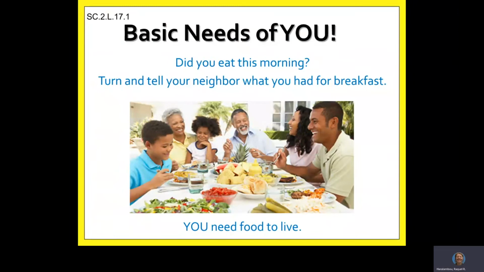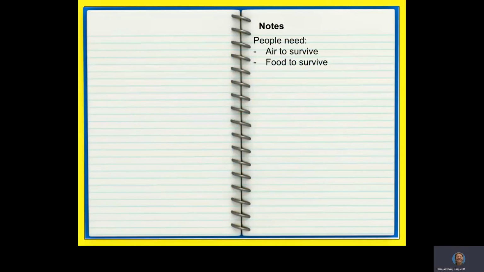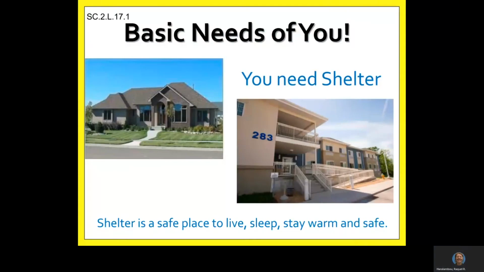Tell me what you ate today. Oh, yum. That sounds delicious. Yes, we need food to live. We have to eat food to get our nutrients and to be able to be strong and live. So far we need air and food.